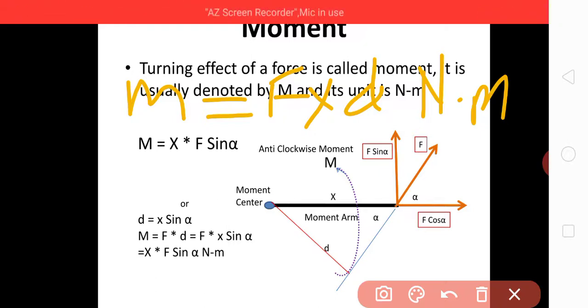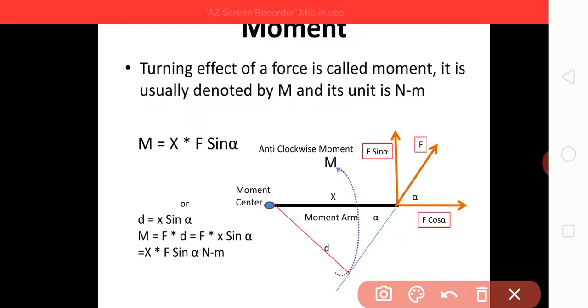Now, refer to this figure. There is an arm called moment arm. This is the moment arm. This is the moment center. And this is a force acting on it, that is F. Now, we defined that it is the force into perpendicular distance from the moment center on the line of action of that force.